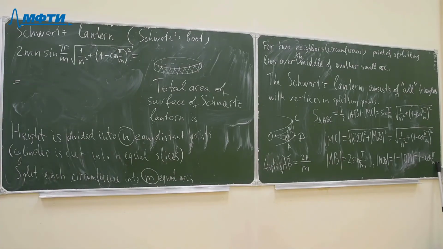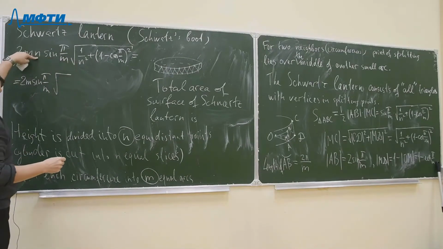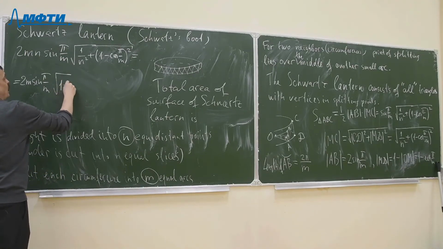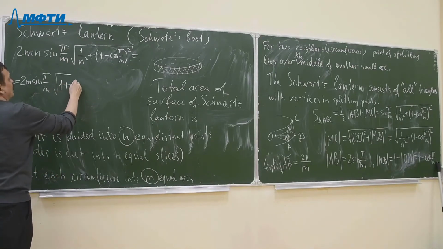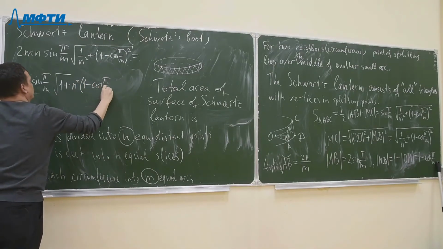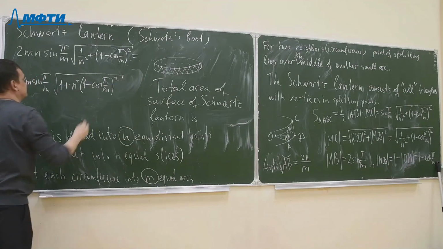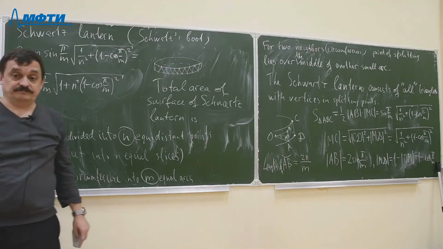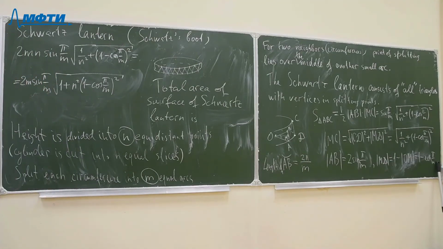So what is it? That is 2m sine pi over m times square root of, so I put n into the square root, 1 plus n squared times 1 minus cosine pi over m squared. So you see now, we have two parameters.